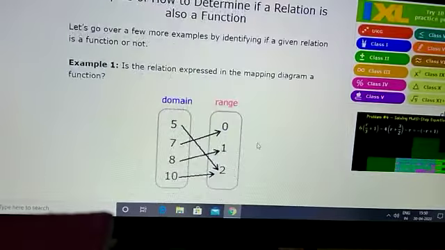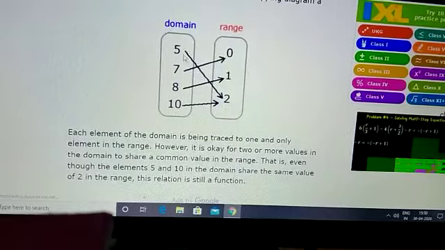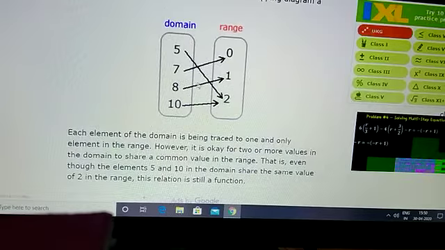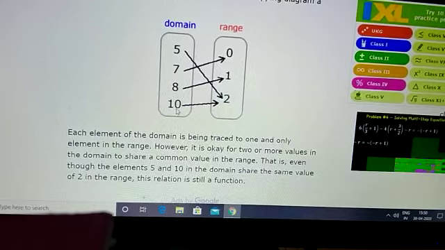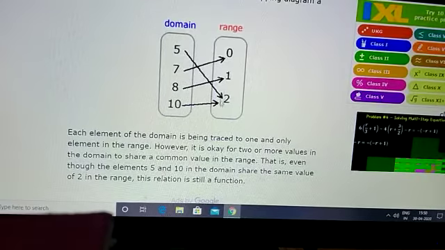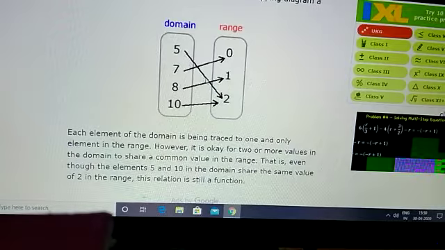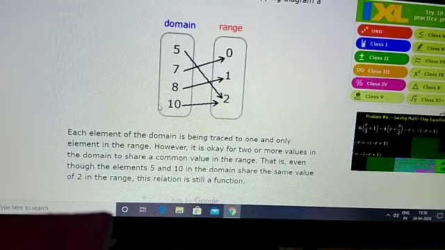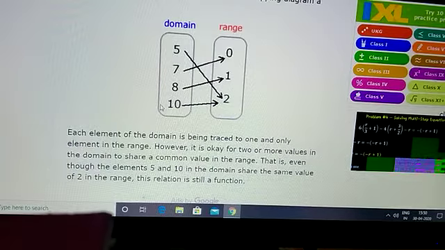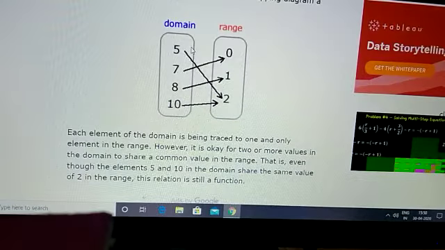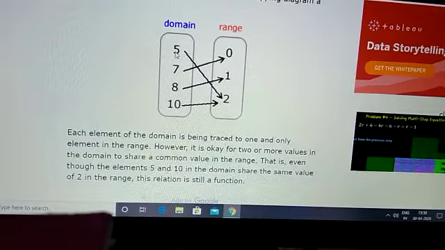Moving ahead, we have many examples. 5 has a relation to 2, 7 has 0, 8 has 1, 10 has 2. Now you may be thinking about the 2: 2 is related to both 5 and 10. But the definition of a function says that the element of x must be associated with only one value of y.